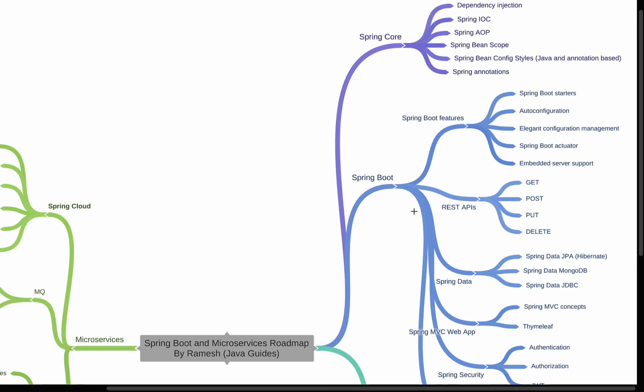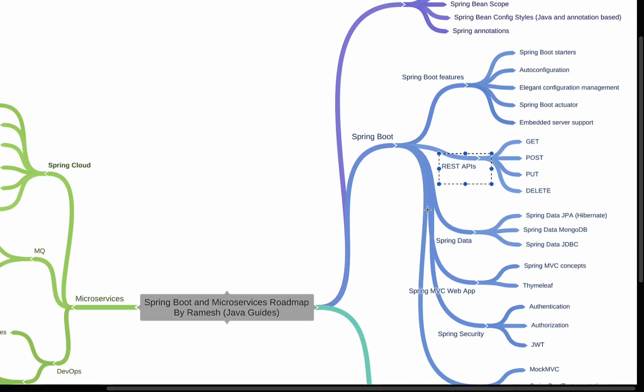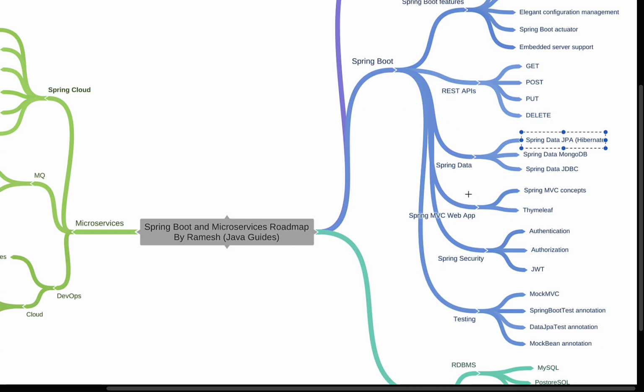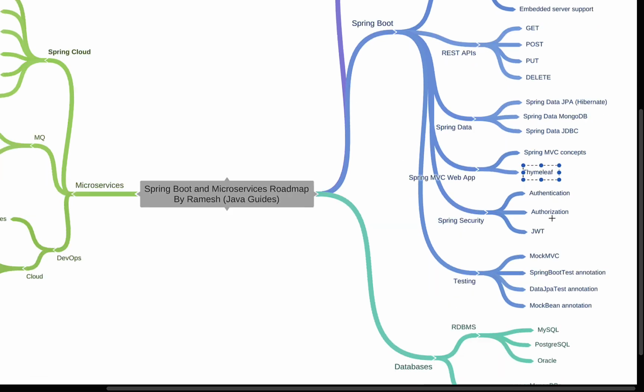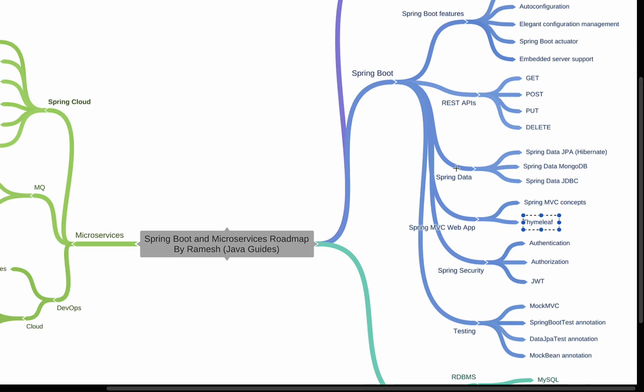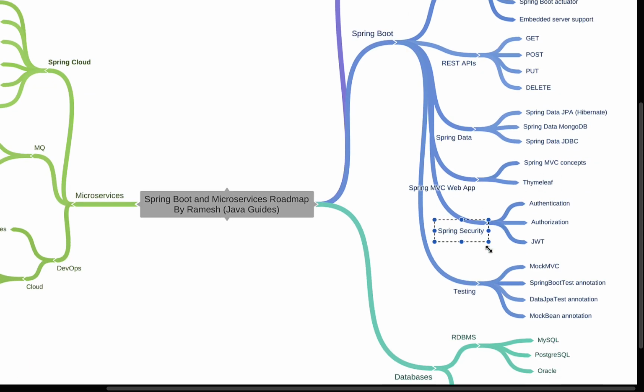Alright, so in order to learn Spring Boot, you can follow this learning path or roadmap. First learn Spring Core and then Spring Boot features, and then learn how to build the REST APIs using Spring Boot and develop the DAO layer or the repository layer using one of the modules, and develop the web application using Spring Boot and use Thymeleaf as a view layer. And in order to secure your REST APIs and web applications, you can go ahead and learn Spring Security.